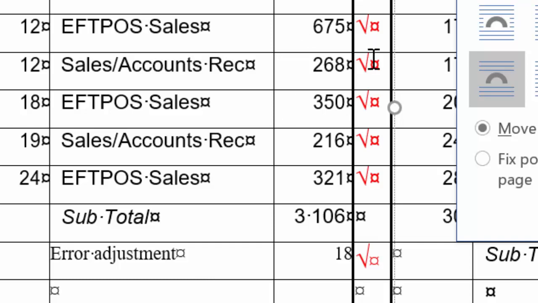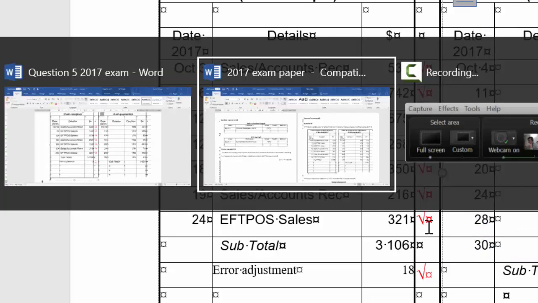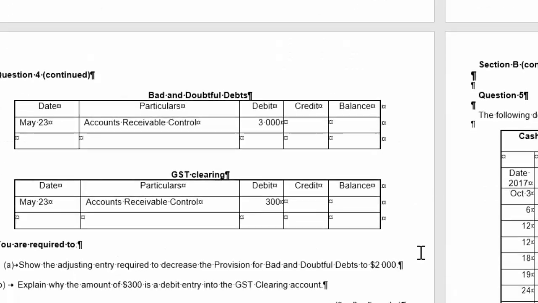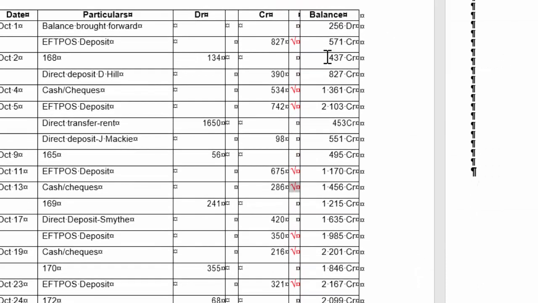So far I've got all of those ticked, which means there are no deposits not yet credited for the next time. I'll talk about that later. But now if I go back to my bank statement, which is here, you'll notice what I haven't yet done is include all the direct deposits, the items on the bank statement which don't appear in the cash receipts journal.